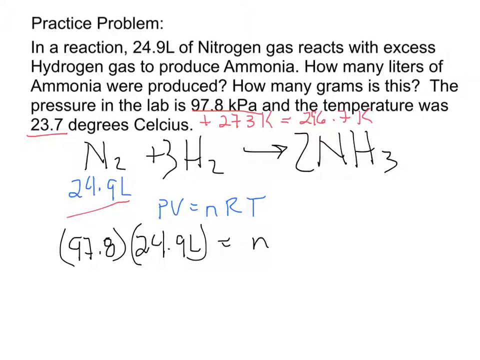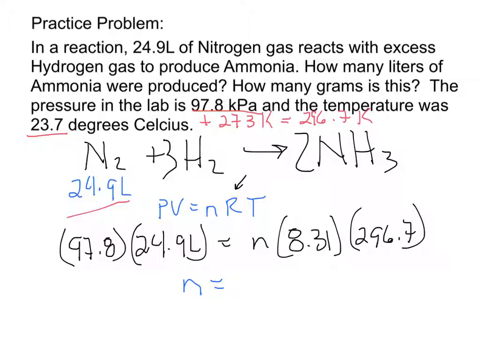We know also that the gas constant, R, for kilopascals is 8.31. So that's just a constant. We put that in there. And then we put our 296.7 Kelvin in there. And we do the math. Multiply both sides, divide, and we end up getting where n equals 0.9877 moles of nitrogen gas.